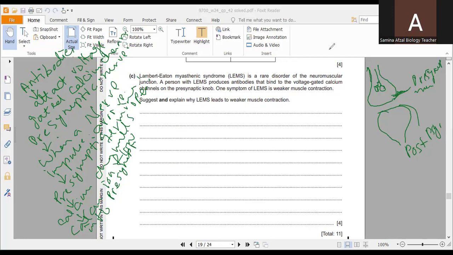This acetylcholine is released when it fuses with the presynaptic terminal, and there are calcium ion channels. So the influx of calcium ions triggers the fusion of synaptic vesicles.